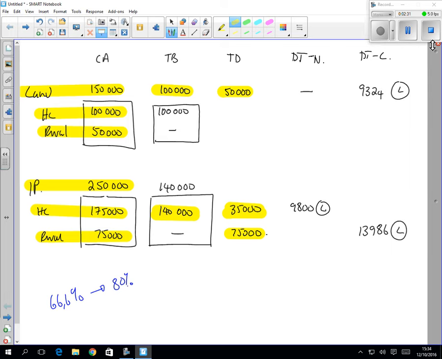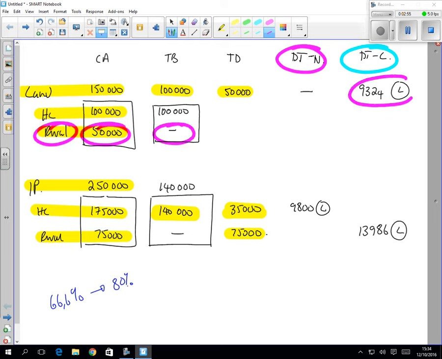I basically have a deferred tax at normal rates column and a deferred tax at CGT rates column. DTN stands for normal, DTC stands for CGT. Anything that is above cost, in the case of the land, the full temporary difference of 50,000, is going to be at CGT rates.